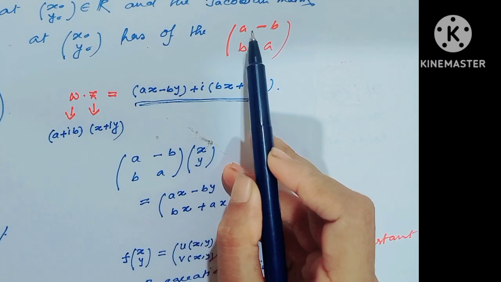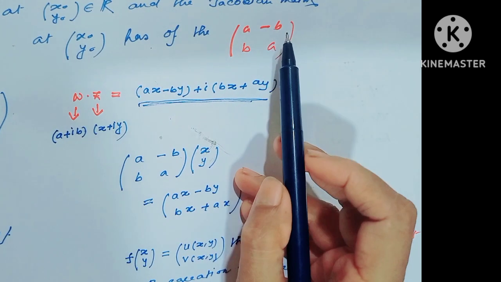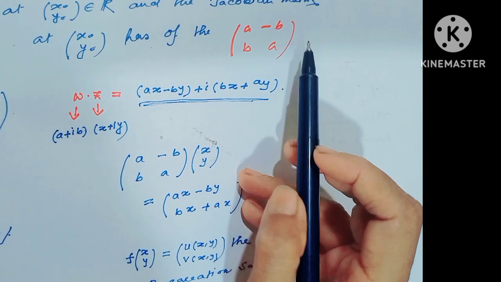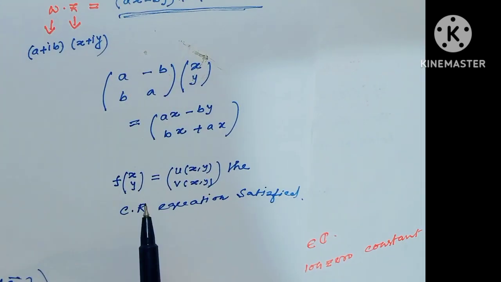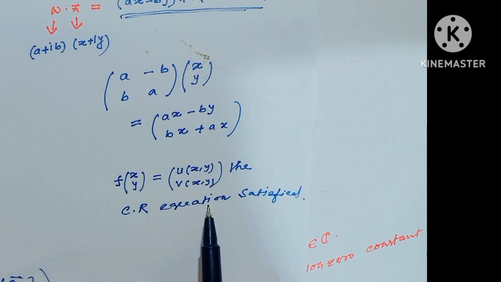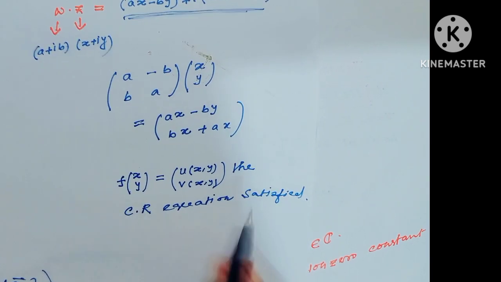The Jacobian matrix, we all know, is actually made of partial derivatives, and we also know complex differentiable means the function always satisfies the CR equations.